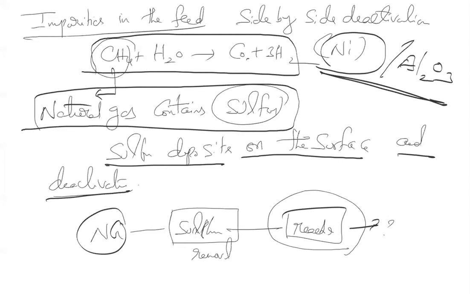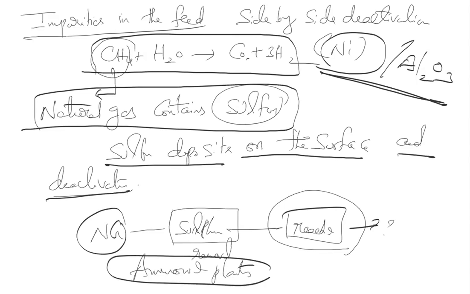This nickel is prone to deactivation by sulfur. If the sulfur comes in contact with nickel, it gets deactivated. That is why in hydrogen plants or ammonia plants you have a sulfur removal section.